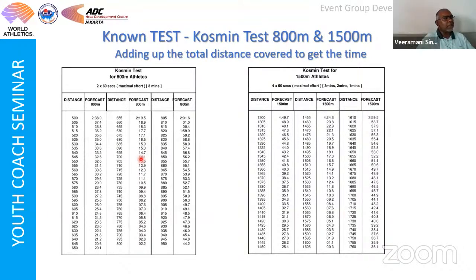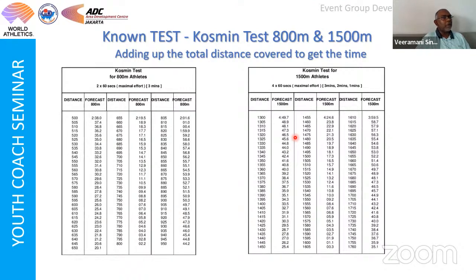So when you do tests, there are certain things that we can relate to race practice. Then comes 1,500, which is the same thing. You do 60-second tests 4 times. After the first effort, you take the distance and then a 3 minute break. Second run, take the distance, 2 minutes break.